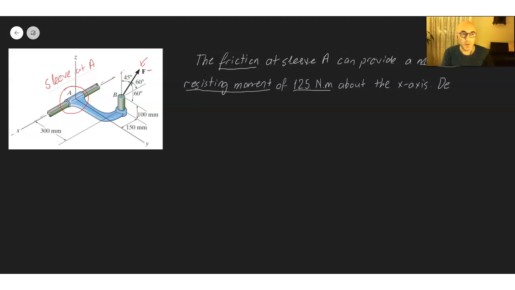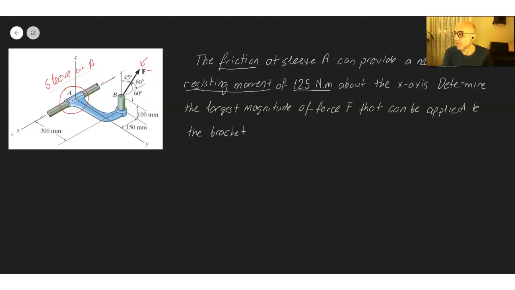Okay, so the question is: determine the largest magnitude of force F that can be applied to the bracket so that the bracket will not turn.